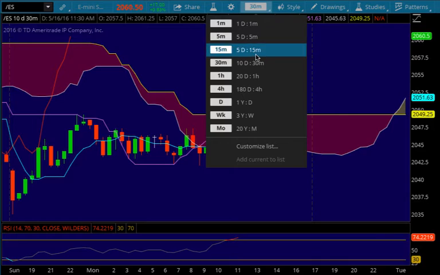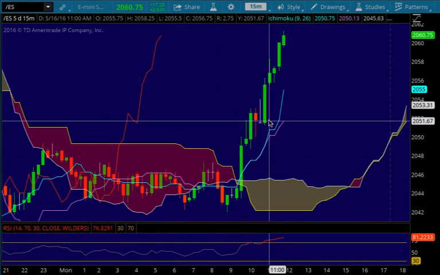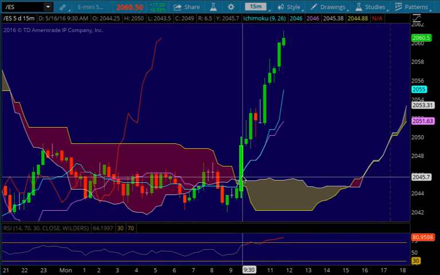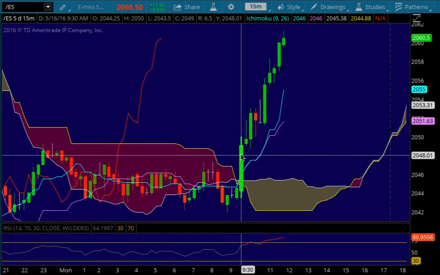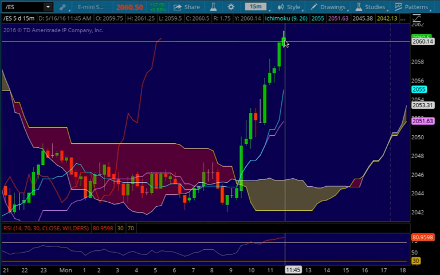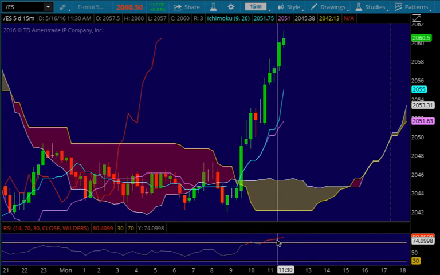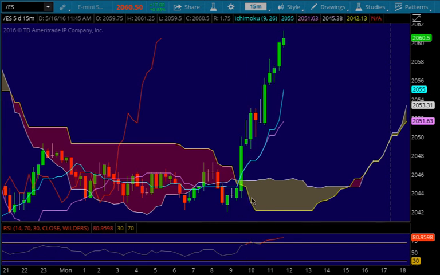Let's look at the 15-minute chart. The 15-minute chart is a very nice uptrend here. We have been above the Tenkan-sen since the US Open candle blasted through it at 9:30 this morning. We are looking pretty extended here, and you notice that the RSI is overbought and has been overbought for some time. We were overbought at 9:45 here.